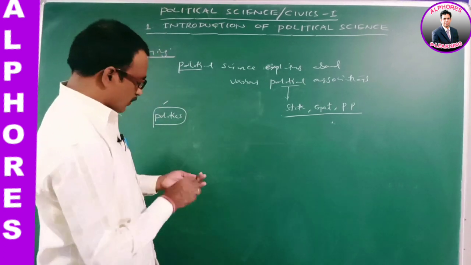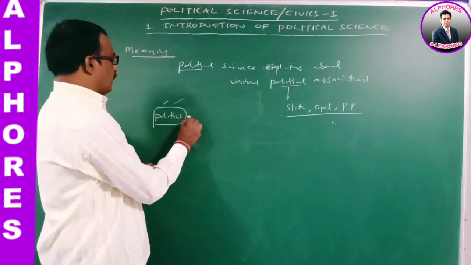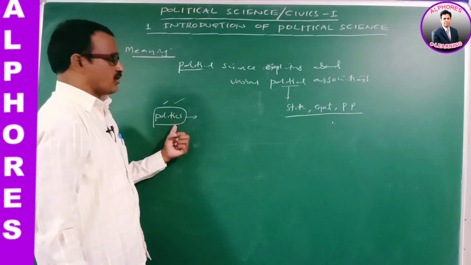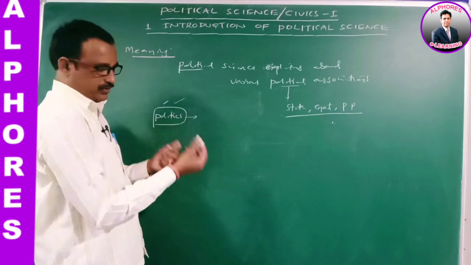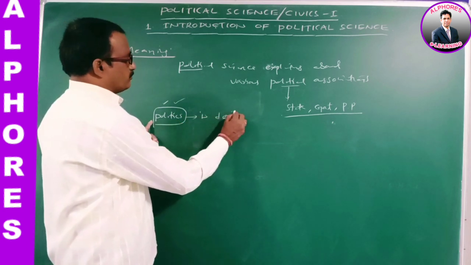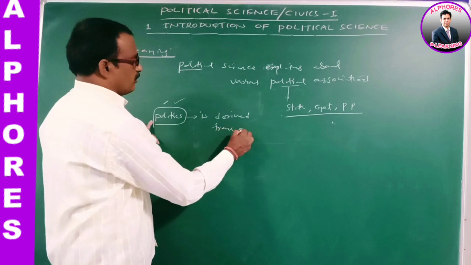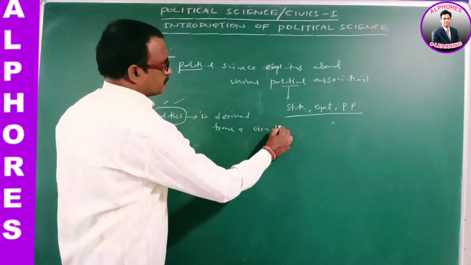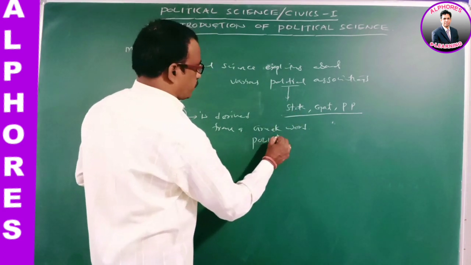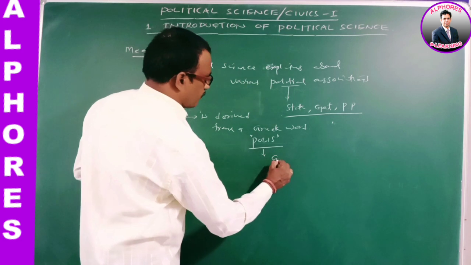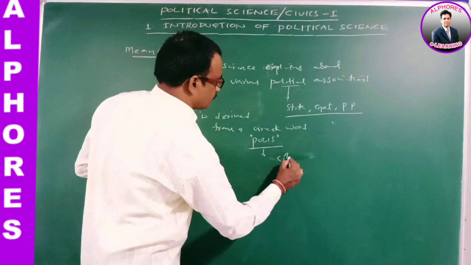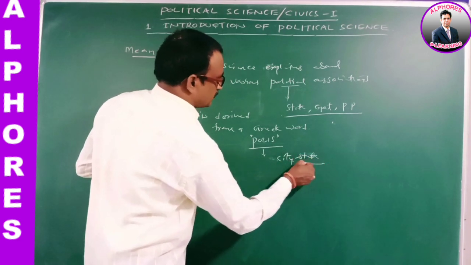Then, political science is called as a politics in subject point of view. The word politics is derived from a Greek word polis, which means city state.